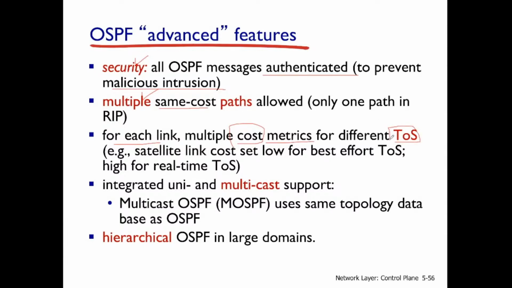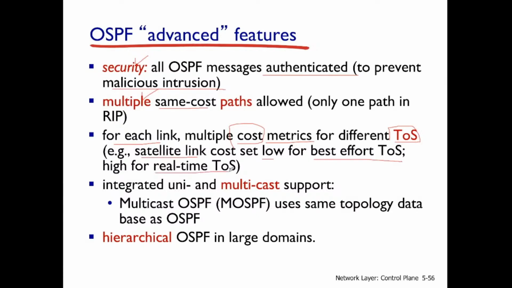For example, if we are trying to serve best effort traffic, meaning traffic that does not require timely delivery, so the receiver can wait longer, then the cost of a satellite link, which has a longer delay, can be set lower, right? Because you would then prefer using the satellite link if the data does not require timely delivery.